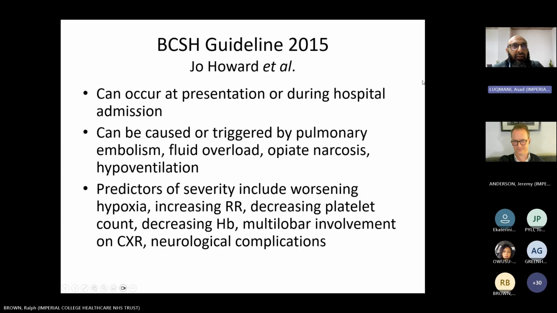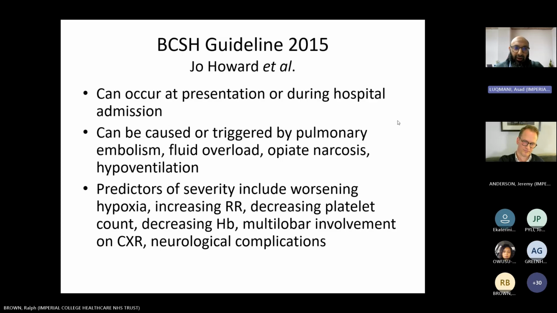And it's important to stress that acute chest syndrome can either occur at the time of presentation, so the patient can present with an acute chest syndrome, or it can occur later on during the admission. So they could be admitted with what was felt to be an uncomplicated pain crisis, and then go on to become hypoxic and develop acute chest syndrome.